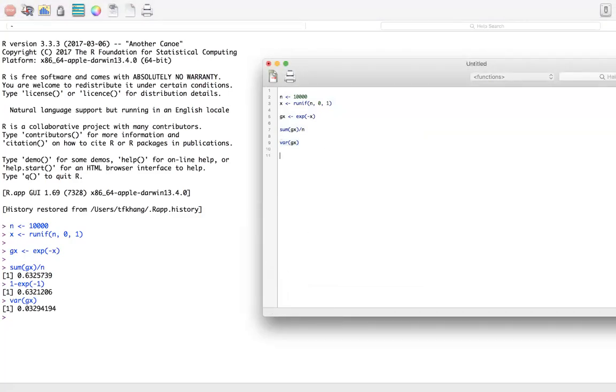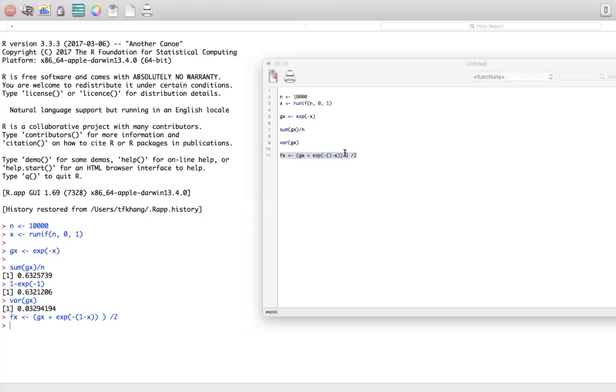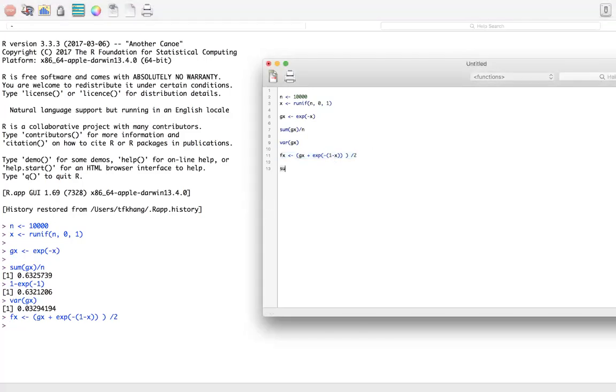If we had used the antithetic variable, it will be exp of minus x, that's g of x, plus exp minus, you replace x with 1 minus x, and then you average this by 2. Then of course, you could try to find out its mean and also the variance of f of x.